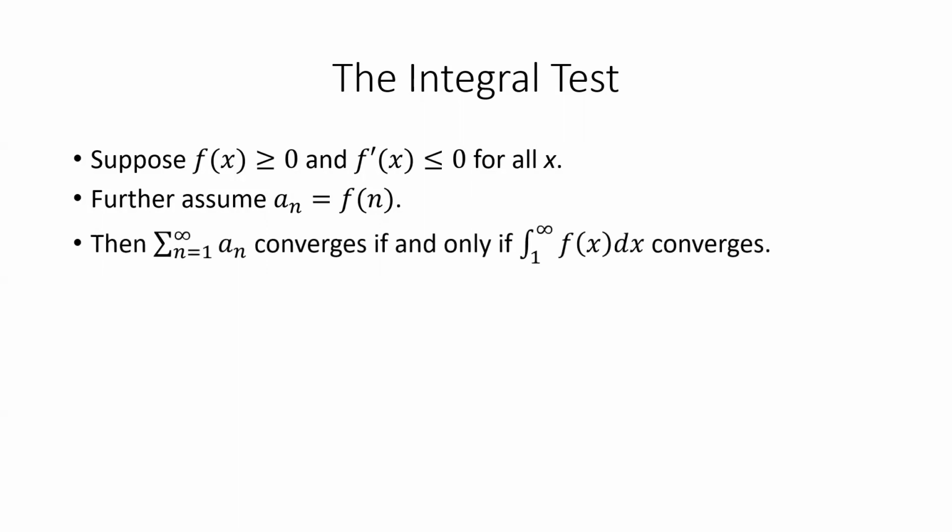So in this case, where you have a sub n being some function of n, where f of x is always positive but decreasing, the series converges if and only if the integral from 1 to infinity of f of x dx converges. So we create an equivalence between a series converging and an integral converging.